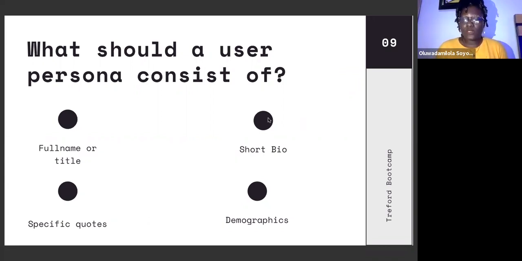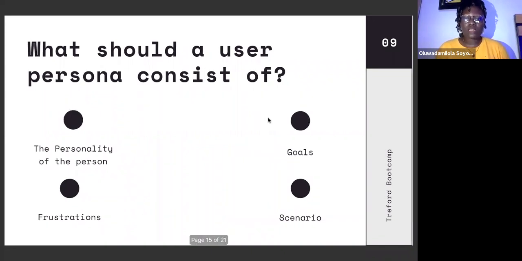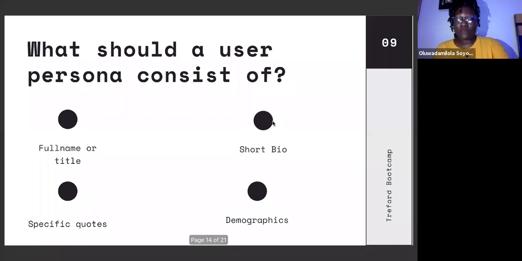All right, so let's proceed. What other things does a user persona consist of? The personality of the person, please take note of this. Yeah, demographics. What does it contain?